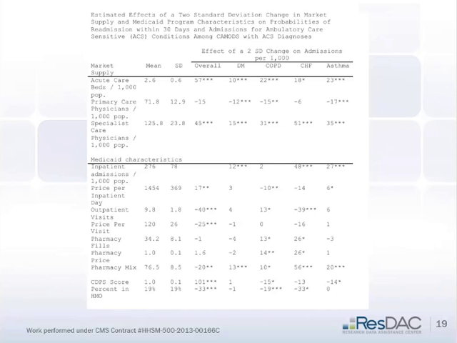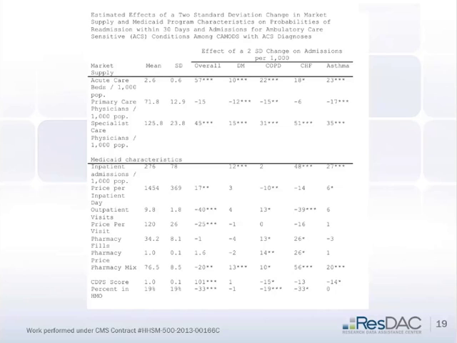So both hospital bed supply, primary care supply, and specialist supply variables are there. Below that are some of the Medicaid characteristics that we calculated at the state level. These are price and volume: inpatient admissions, price per inpatient day, outpatient visits on average, price per visit, and then the pharmacy variables.